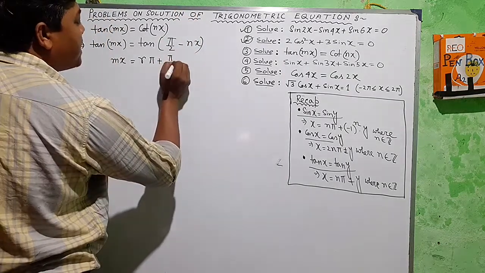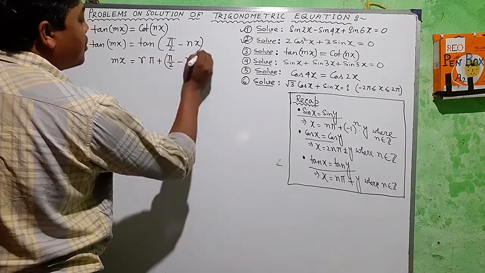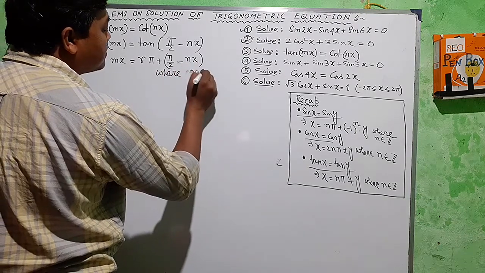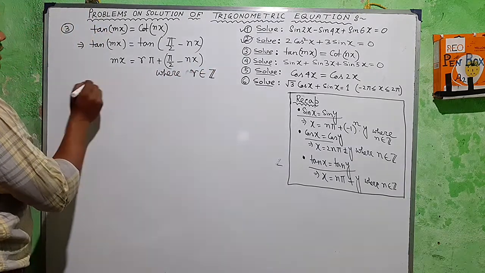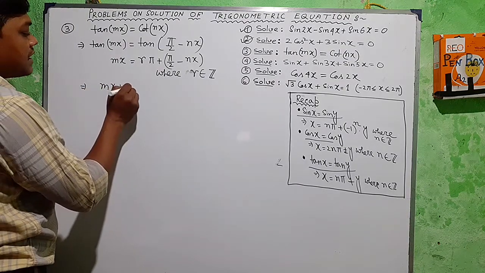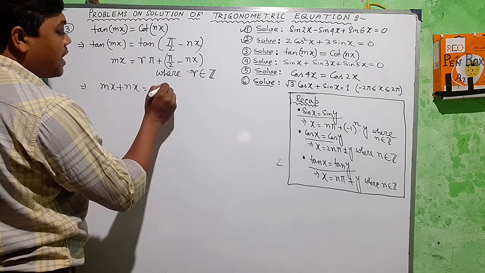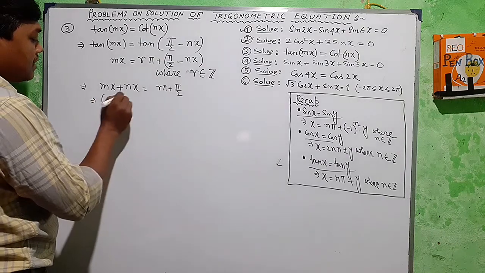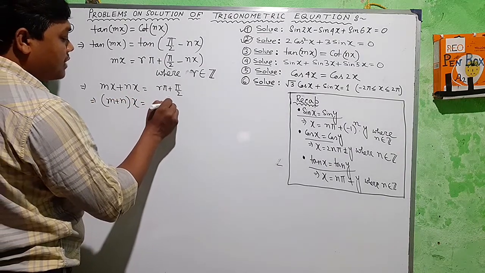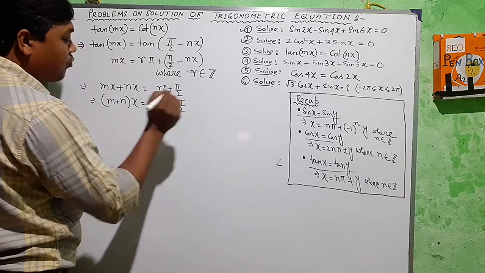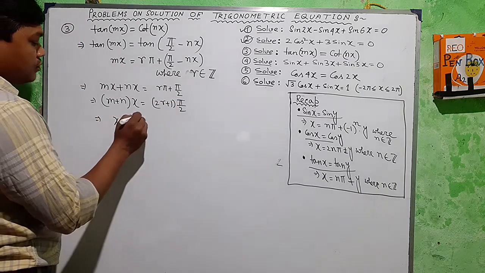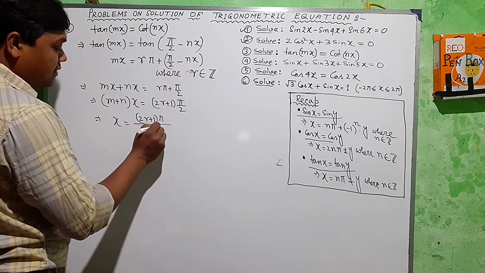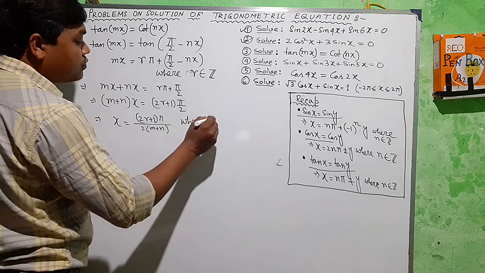So mx equals r pi plus pi by 2 minus nx, where r belongs to Z. After some calculation, mx plus nx equals r pi plus pi by 2, then (m plus n) into x equals (2r plus 1) into pi by 2. So x equals (2r plus 1) into pi by 2 into (m plus n), where r belongs to Z.